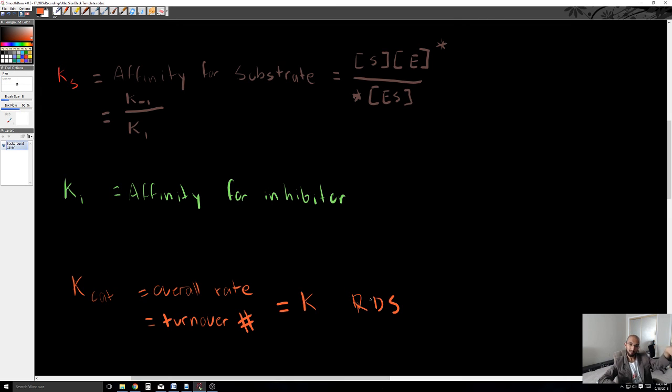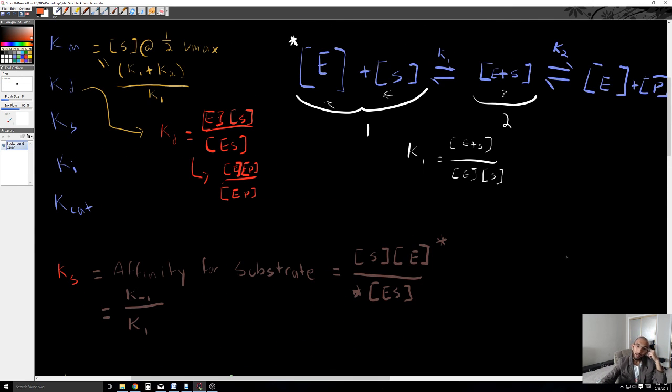At any rate, generally the slowest step in an enzymatic reaction is the step wherein the actual reaction of the enzyme substrate complex takes place and it forms product.